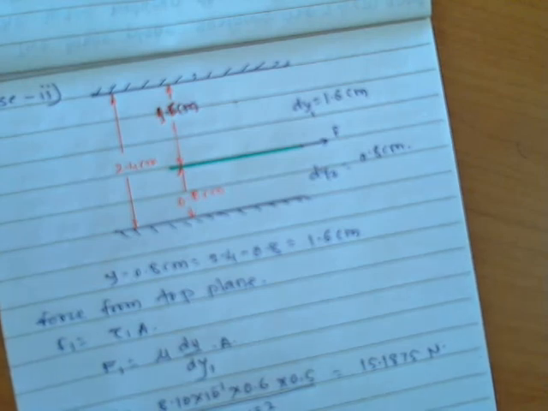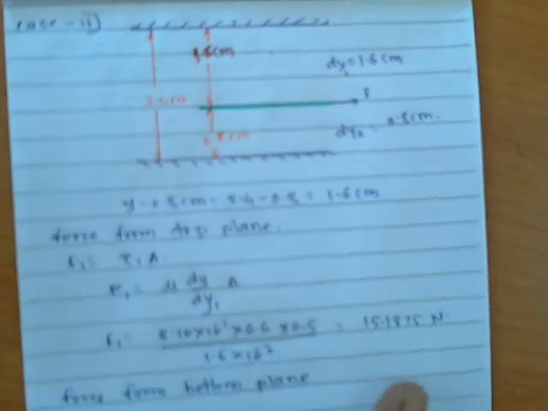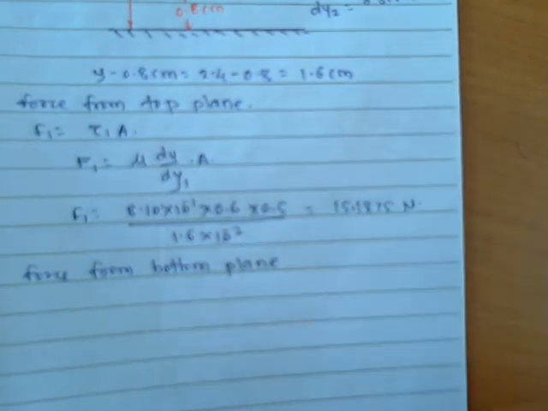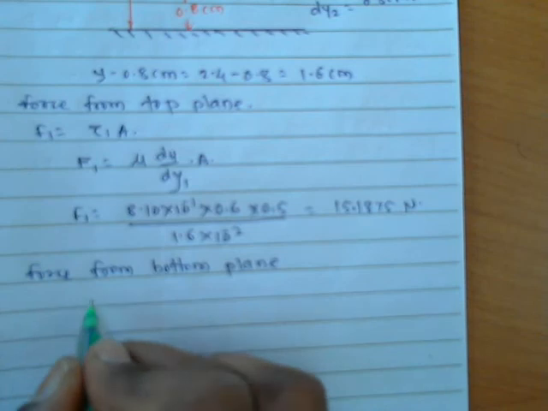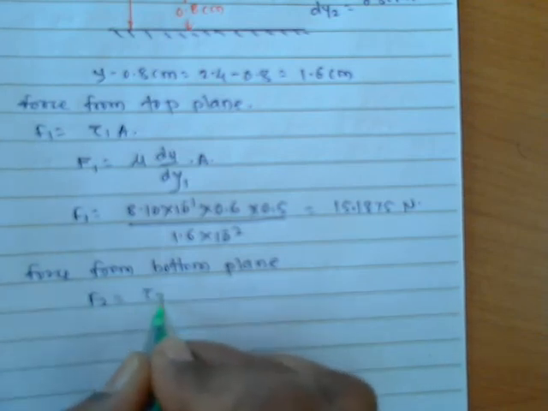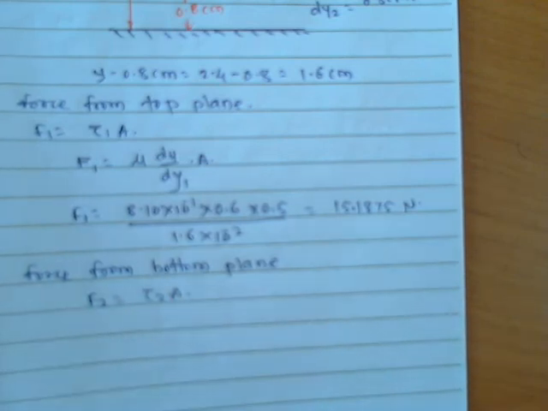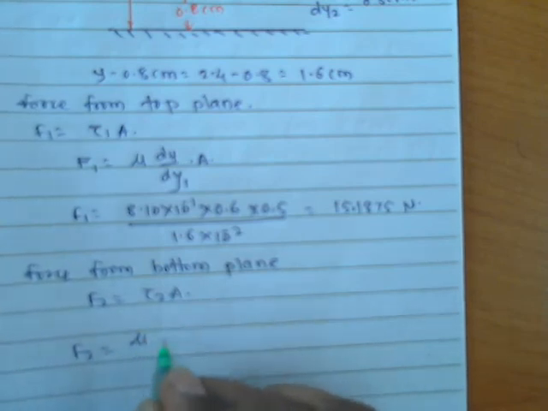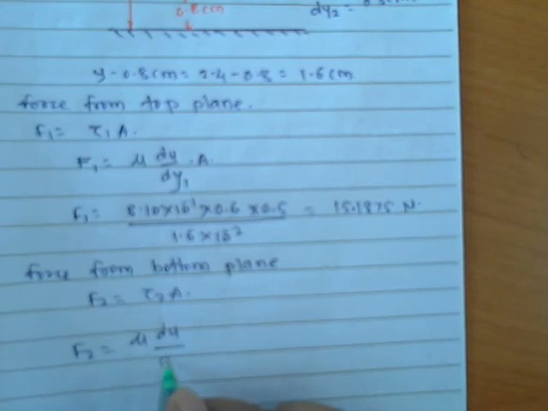from the bottom plane. Similarly to the previous case, F2 is equal to tau 2 into area of plate. So F2 is equal to tau 2, which is mu du divided by dy2, into area of plate.